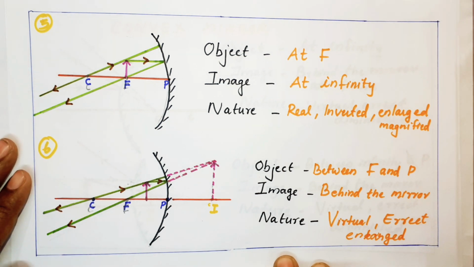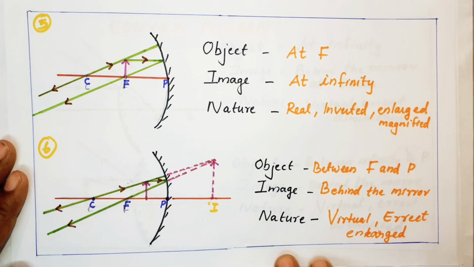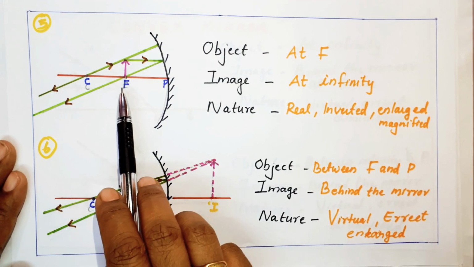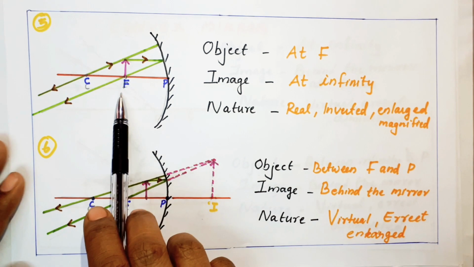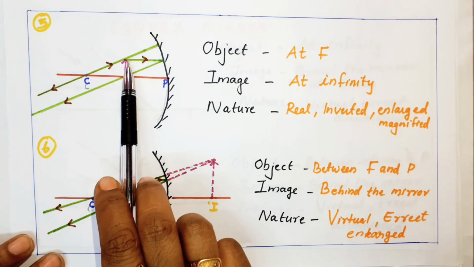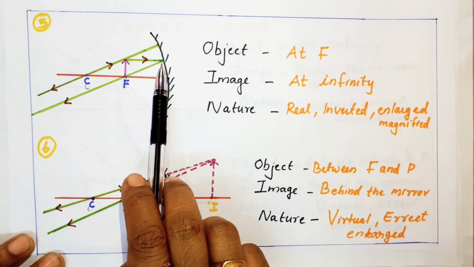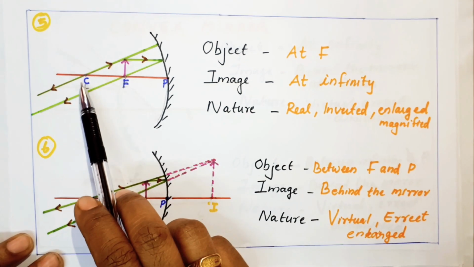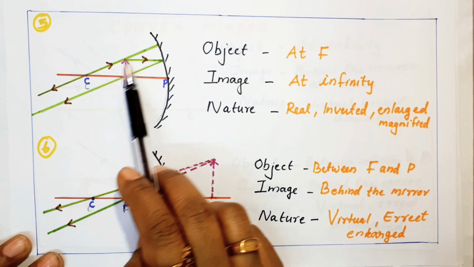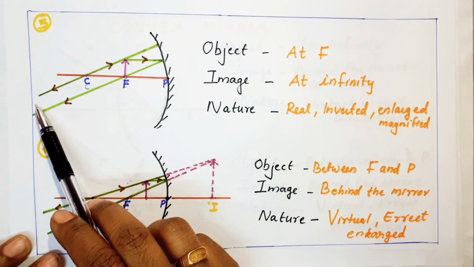Now the next diagram: your object is at focus. The light ray going parallel to the principal axis will go through focus, the first ray. For the second one, I am using the C rule. The light ray passing through C will retrace back.